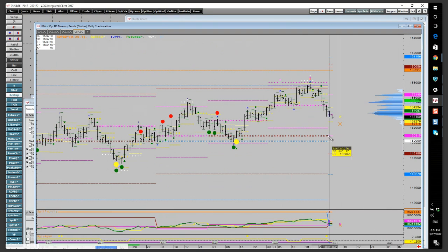If it does break down, you've got quarterly support and the monthly bearish acting as support at 150. Interesting here as well, you've got this quarterly negative slingshot set up where the quarterly bullish pivot moves outside the annual. And you can see the weekly slingshot and the monthly slingshot coming into play already to the downside. So you've got almost a triple slingshot in play here. So watch out for bonds.